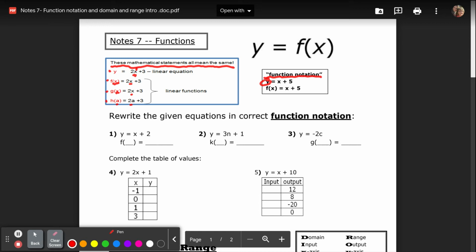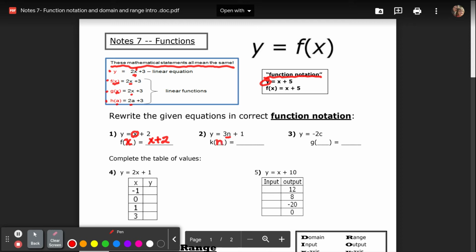On problems 1, 2, and 3, it says rewrite the given equations in correct function notation. Whatever variable you see in the equation, that's the variable that's going to go inside the parentheses. And then all you have to do is copy the expression x plus 2. Problem 2. Again, whatever variable you have in that expression, that's the variable that's going to go in parentheses.